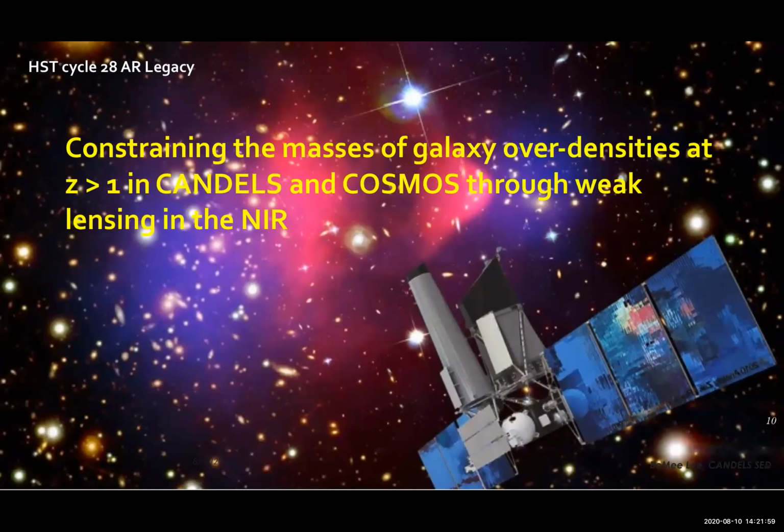All right. Okay. Now can we move to the next? Bomee, it's Cami here. Hi. I have a quick comment. You mentioned that you don't have many spec zs in COSMOS. Have you looked into Legacy? I believe there are about 150 galaxies in common between Legacy and CANDELS.